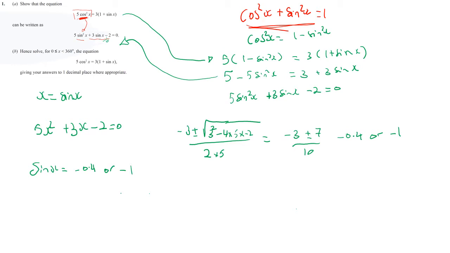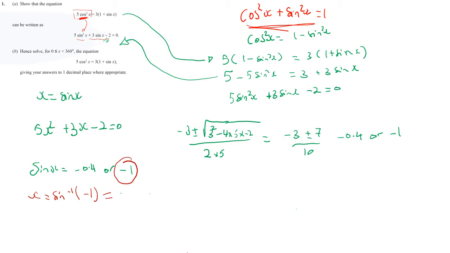Okay, and that means that we can now solve our equation. Let's start with sine x equal to negative 1. Let's start with that one first. So x is equal to the inverse sine of negative 1.